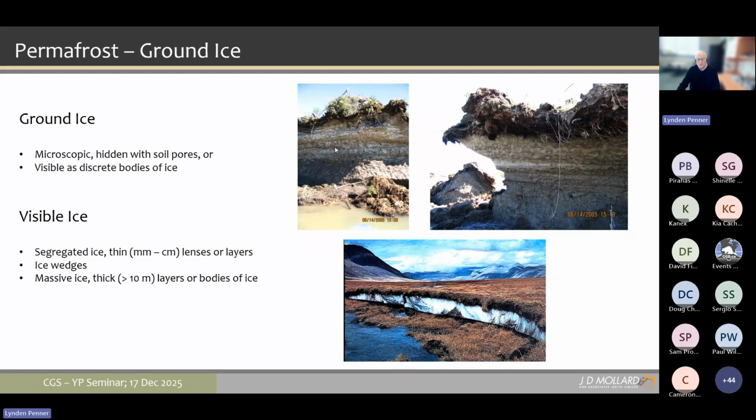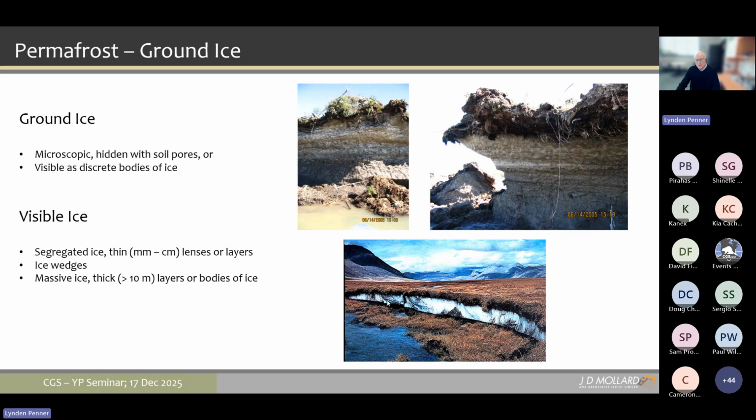It can be within the soil pores, or it may be visible as discrete bodies of ice. These photographs were taken in northern Manitoba, adjacent to a hydroelectric reservoir. And so you can see quite a thick zone of ice with some debris within it that is actively thawing. I'll show you another slide of that area later.